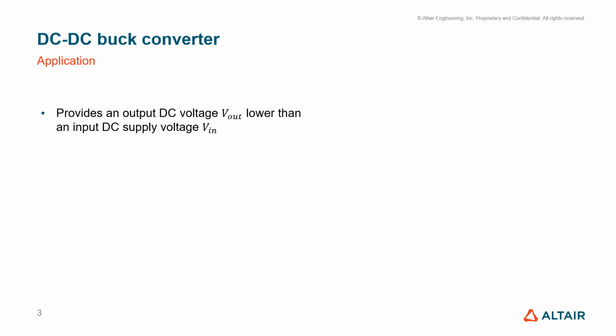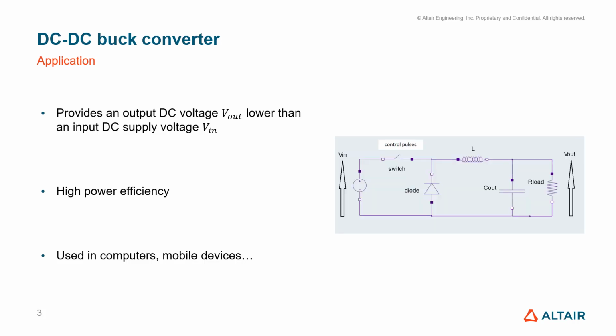The DC-DC buck converter provides an output DC voltage supply lower than an input DC voltage supply, for instance a 3 volt output from a 19 volt input. This power conversion is highly efficient and is frequently used in many applications like computers, mobile devices and automotive.